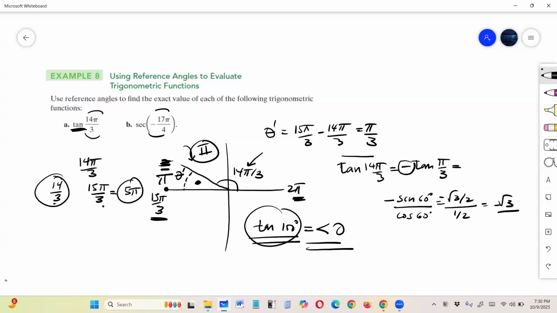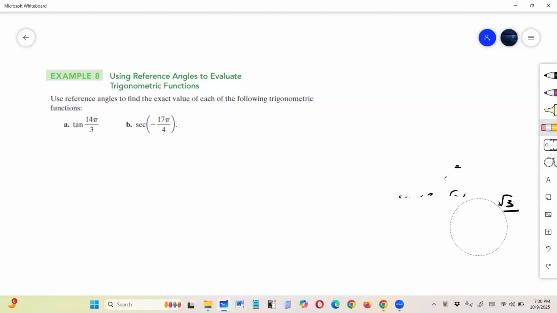Okay, let's do secant, which is the last one. Secant negative. If you wanted to, maybe let's do it this way. Instead of doing it with pi radians, let's convert this 17 pi over 4 to degrees.